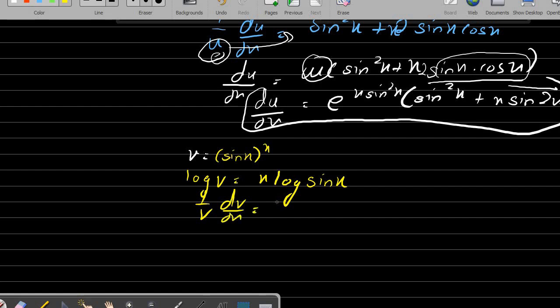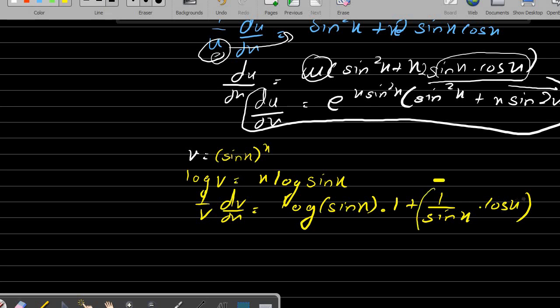Using product rule, since there's log here, it would be log of sine x, first function, into differentiation of second function. First function is x, differentiation is what? 1, plus second function, that would be 1 upon sine x, and the differentiation of sine x would be cos x, into x.